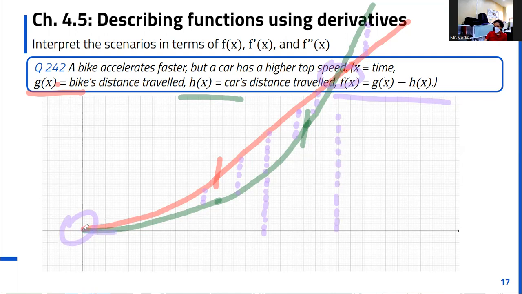All right, so it's going to curve up, and it's going to keep curving up until the bike hits its top speed. And then it starts curving down and hits a maximum point when the car's speed is the same as the bike's top speed. And then it's still curving down eventually until this point of intersection, and then it's going down like this.